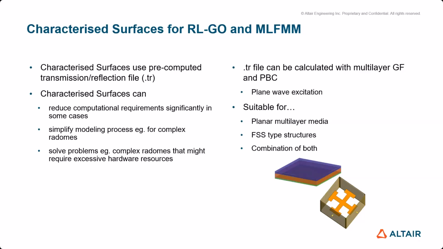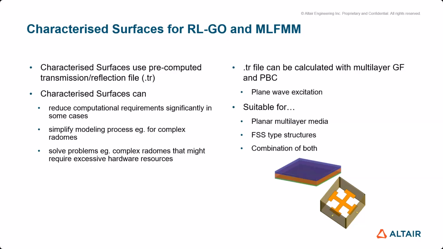So why would you do that? These can reduce the computational requirements. Obviously, if you have complex structures spread along large faces or geometry parts, this means lots of triangles, and that means a lot of memory and runtime. With characterized surfaces, you do not have that problem anymore.